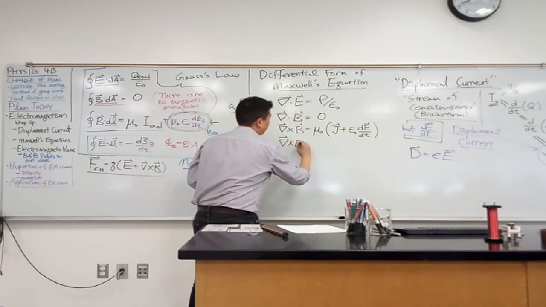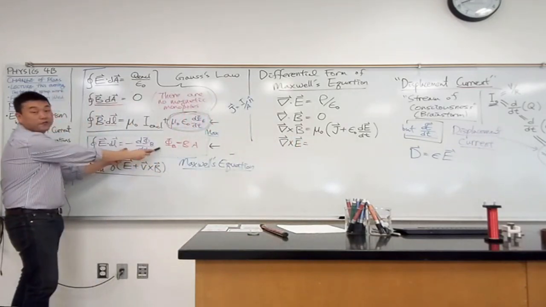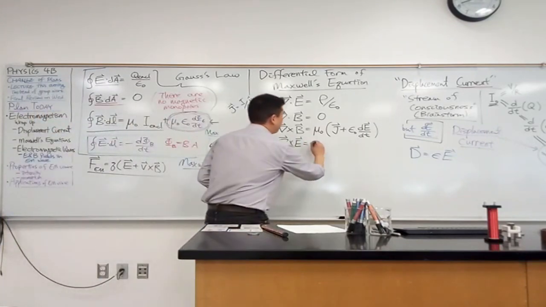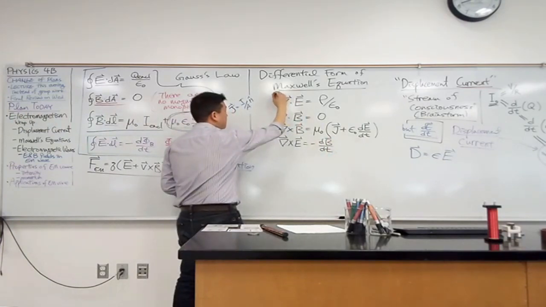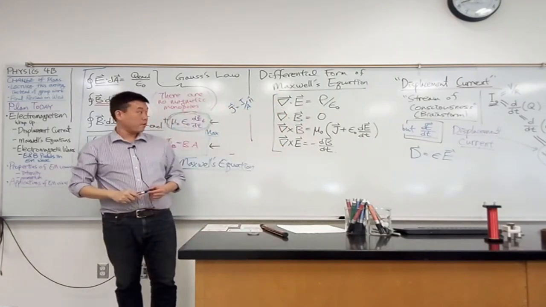Curl of electric field is given by the differential version of this, which means I get rid of the area. So it'll be minus rate of change of magnetic field. So this is the differential form of Maxwell's equations.